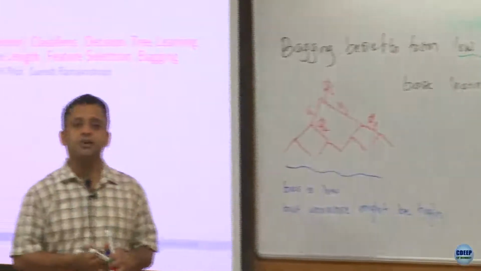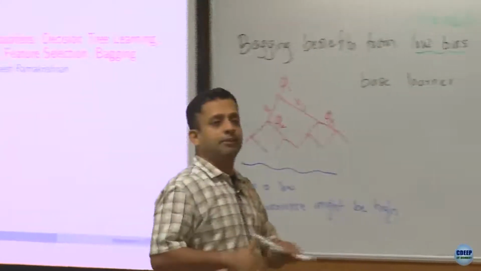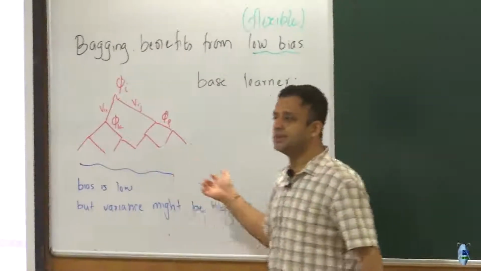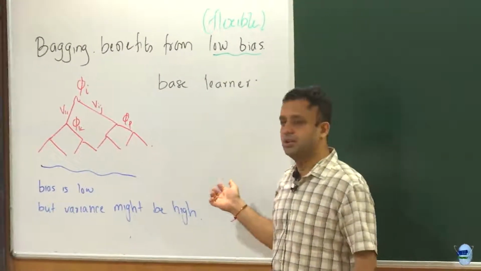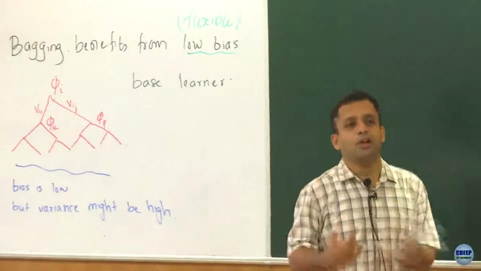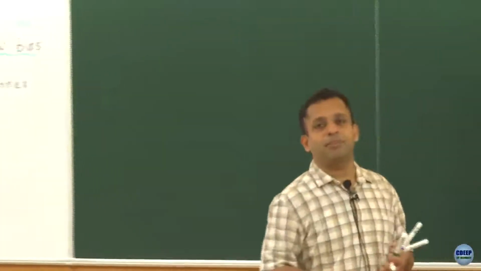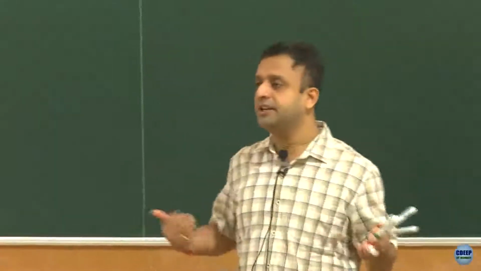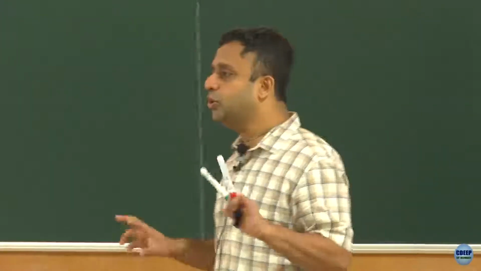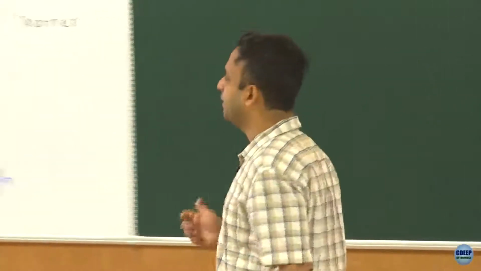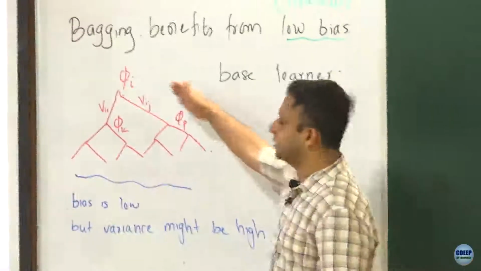A reason for the high variance is that the feature sequence that you adopt for splitting might depend a lot on the data set, might depend on the way you have scanned the data set. So there are too many variations that determine the feature sequence.